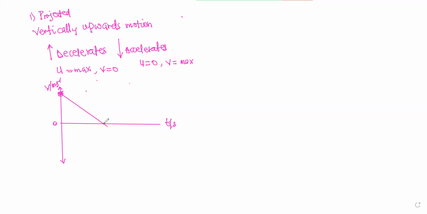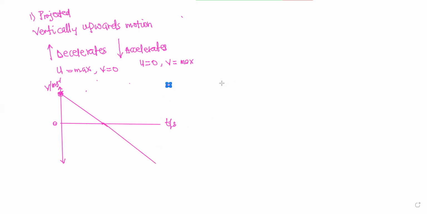By the time it gets to the maximum height, the velocity is 0. Then, when it is returning from the maximum height to the point where it is initially thrown, its velocity will be increasing. This is how the graph must be.